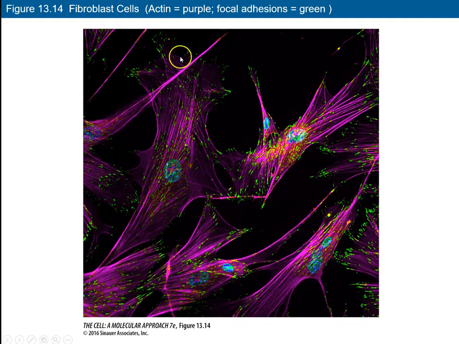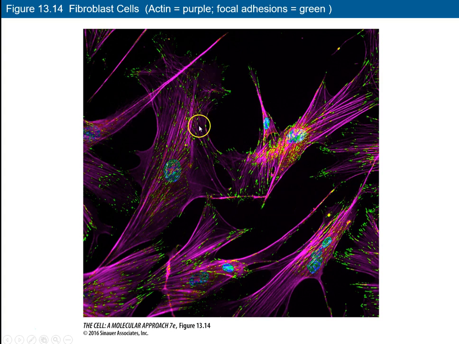This is actually a pretty picture, right? These are fibroblast cells grown in culture, and you can see that actin is stained in purple, so you can see the filamentous actin here. All of this is the actin cytoskeleton. Then these focal adhesions are stained green, meaning where the cell is going to stick to the dish. You'll see a high localization of actin bundles there.